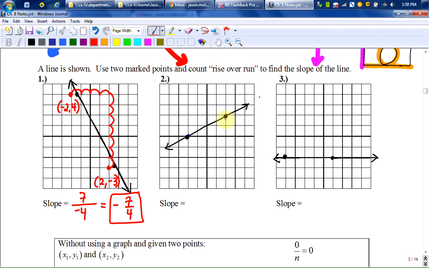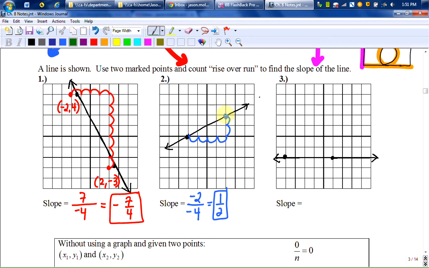It doesn't matter which point you start with, as long as you do the math correctly. You could start with the point on the right and work your way to the point on the left, or vice versa. So if I start with the point on the right, I'm going to rise down 2 and go 1, 2, 3, 4, left 4, which is in the negative direction, so I get a positive 1/2 slope.